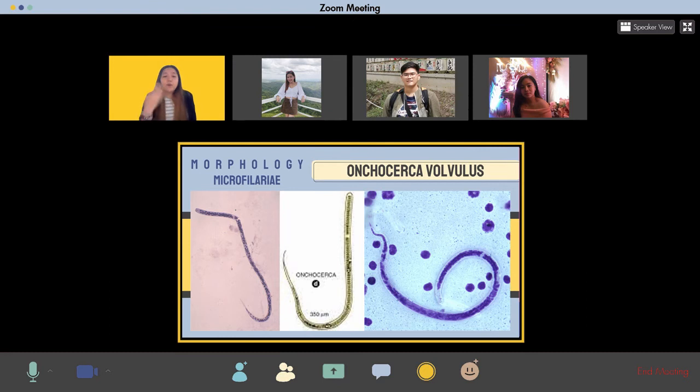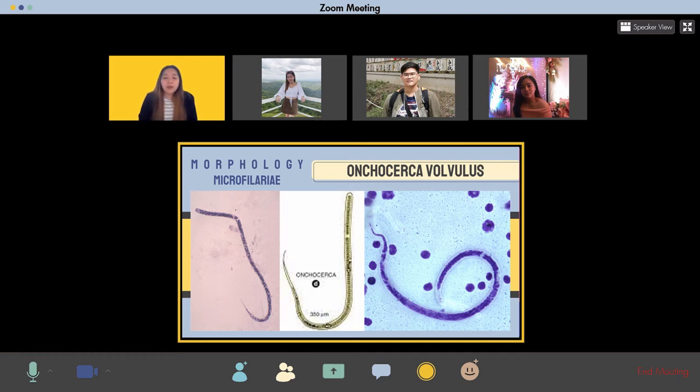Here we have more images of the microfilaria of the Onchocerca volvulus. In the middle, we have another drawing version. On the sides, we have the microscopic versions.